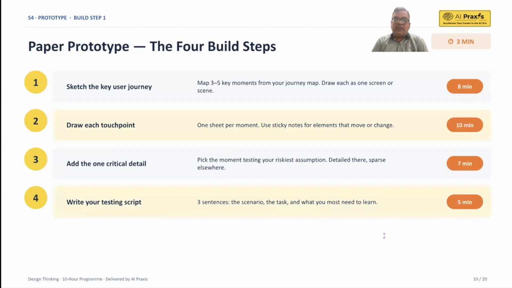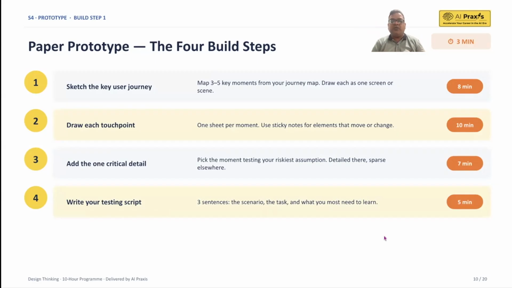Okay. So now that everyone has materials ready, let's follow a simple four-step process to build a prototype. Don't worry about making it perfect. As I mentioned, just follow these steps one at a time. Step number one is to sketch the key user journey. Go back to the journey map we created earlier. Select the 3 to 4 most important moments, not every possible screen or feature.